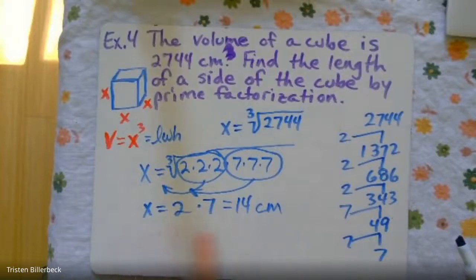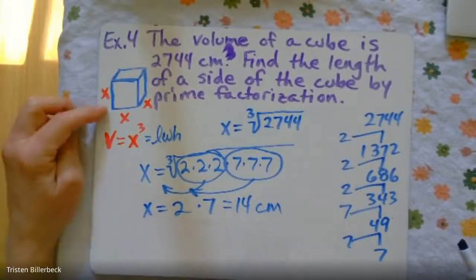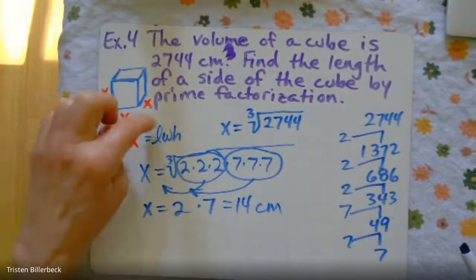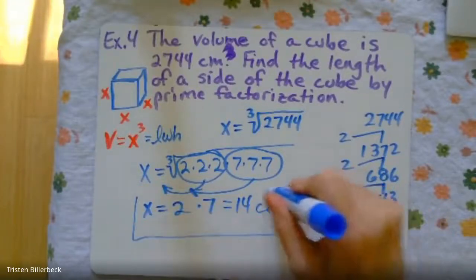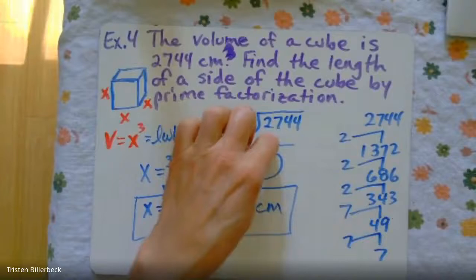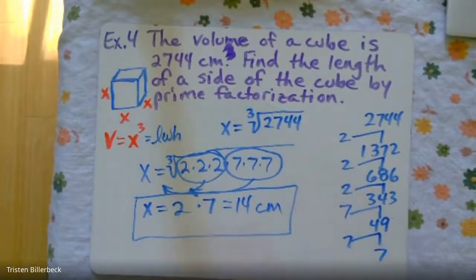Okay, so x equals 14 centimeters. So that means that's 14 centimeters, that's 14 centimeters, and that's 14 centimeters. So there we have it. The cube root of 2744 is 14 centimeters.